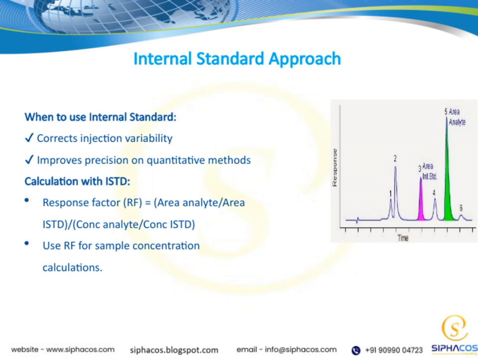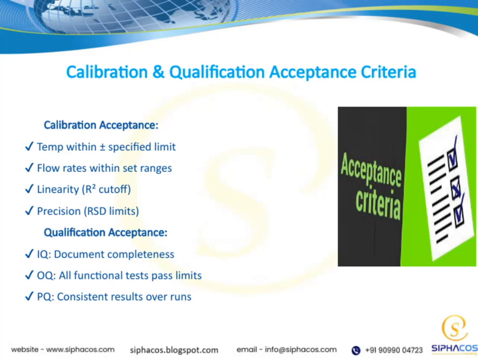This approach is central to ensuring the robustness and accuracy of our quantitative analysis, connecting directly to our overall theme of improving analytical reliability. Now, let's take a closer look at the acceptance criteria for calibration and qualification. First, for calibration acceptance, we need to ensure that the temperature stays within the specified limit, which helps us maintain consistent conditions.